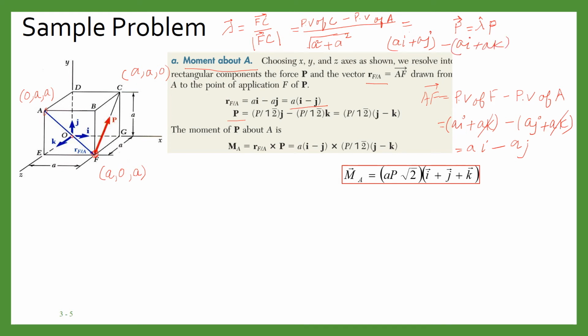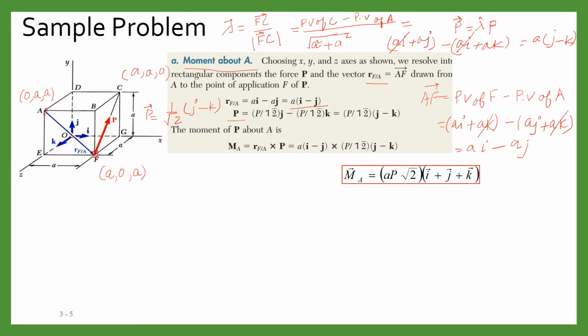So this i will cancel out, and then you get a j minus k. Okay, so finally we will get p as 1 by under root 2 j minus k.